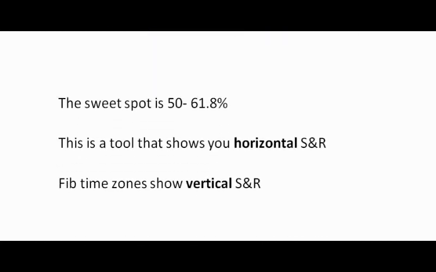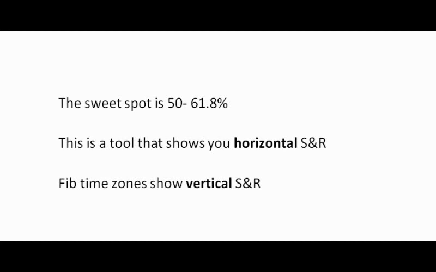All right, the sweet spot that you want to observe the Fibonacci at is the 50 to 61.8% area. When you look at those areas on a chart, you're going to see that price will tend to bounce a lot there. So this tool shows you horizontal support and resistance.